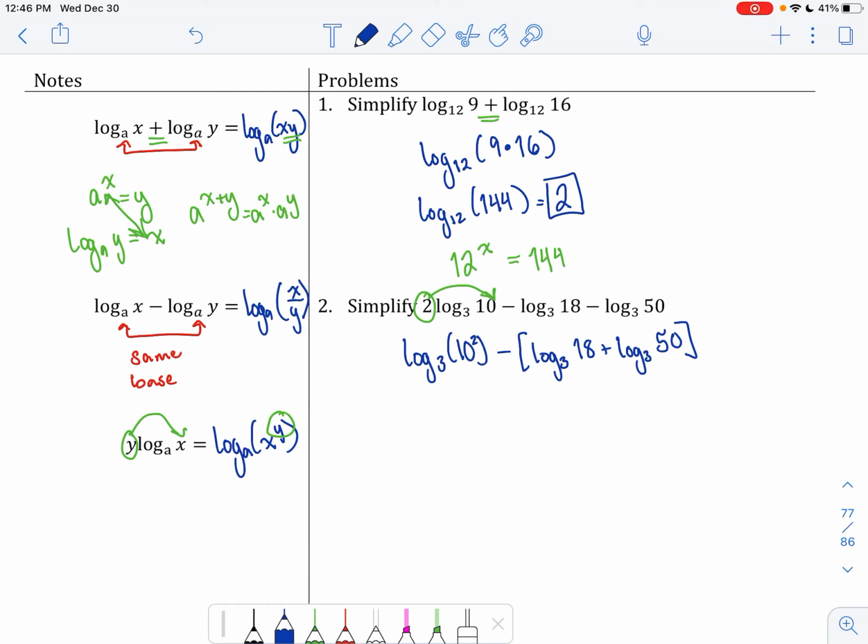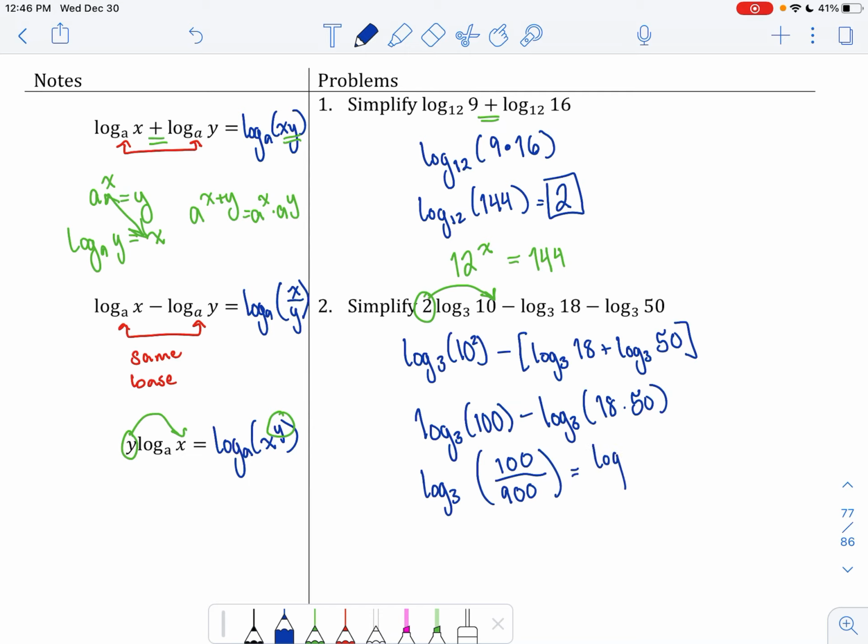Now from here we can do some more simplifying. This becomes log 3 of 100 minus log 3 of 18 times 50, which becomes log 3 of 100 over 900, since 18 times 50 is 900.